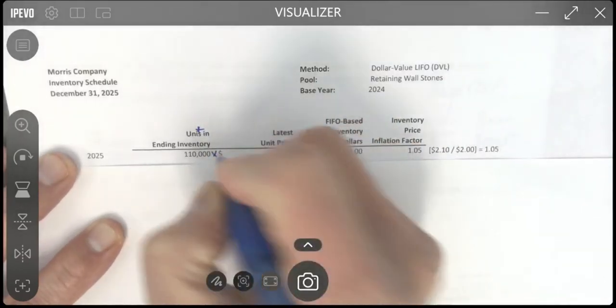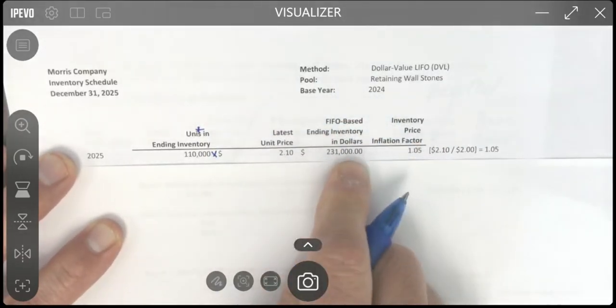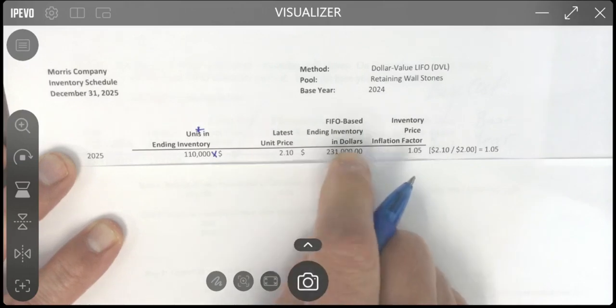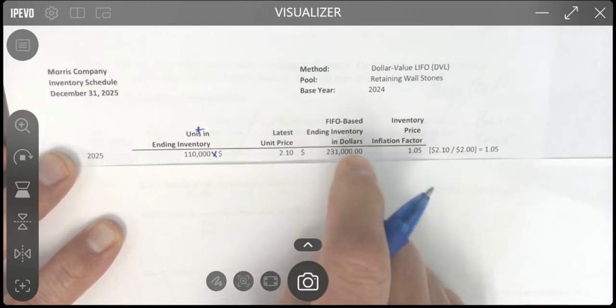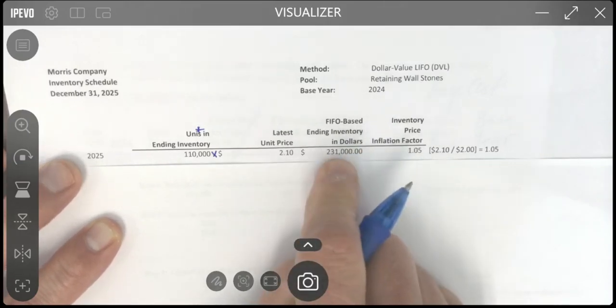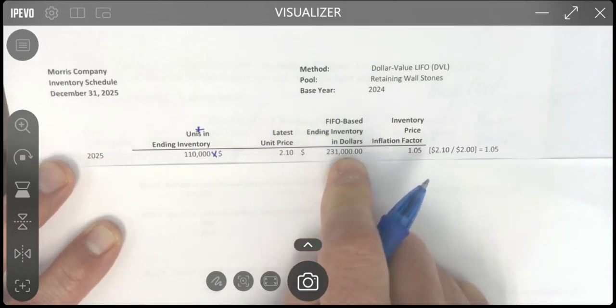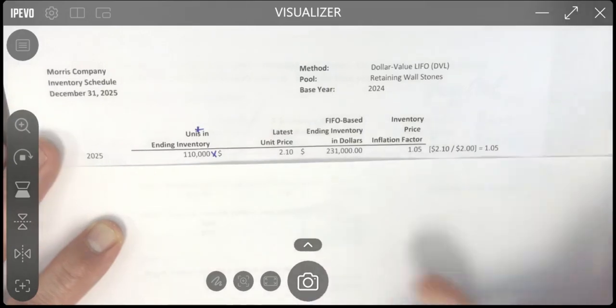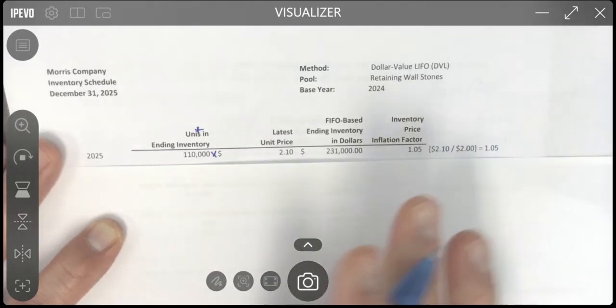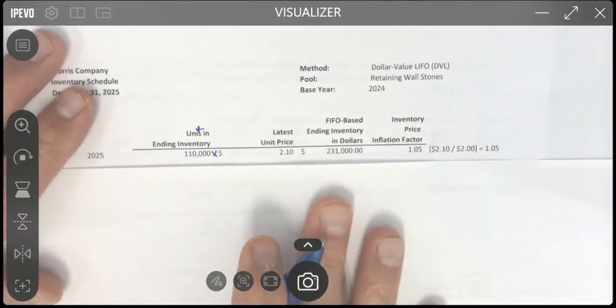If you multiply 110,000 times 210, you get 231,000, which is the FIFO-based ending inventory in dollars. We're using dollar value LIFO, though, at the company, and the inflation factor is 1.05.